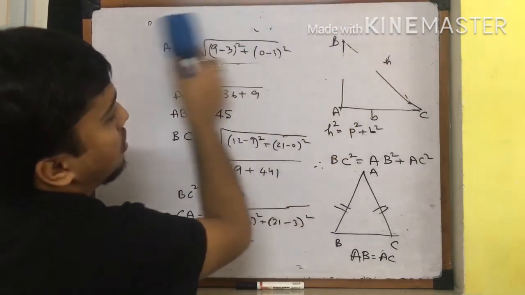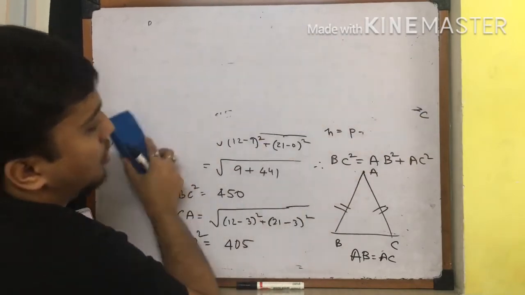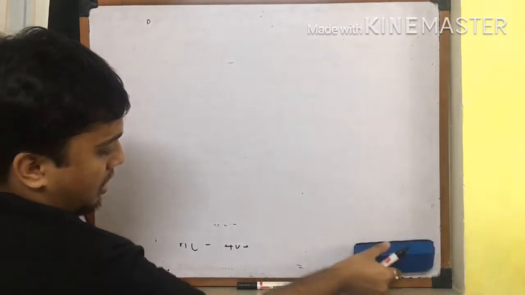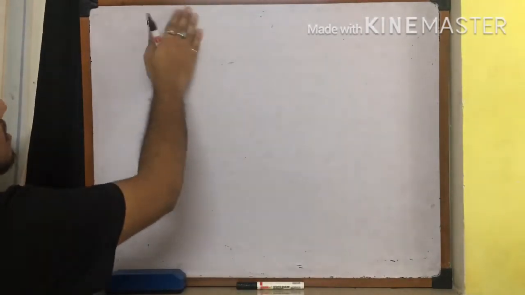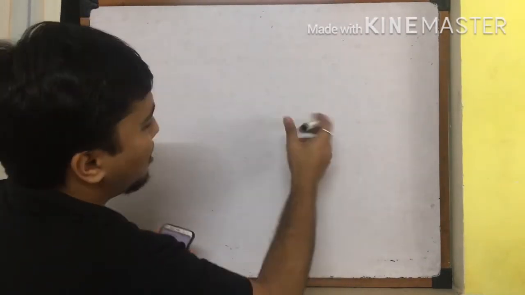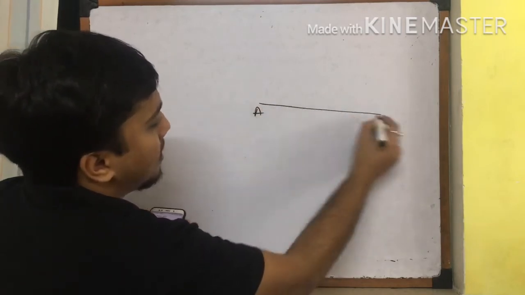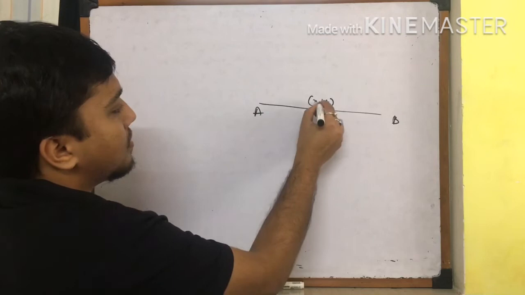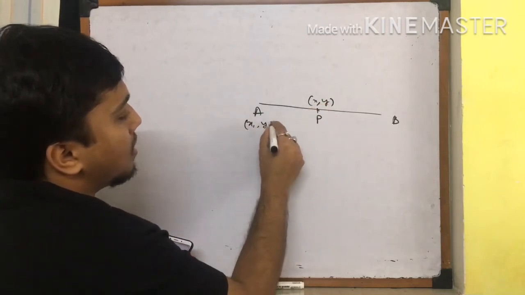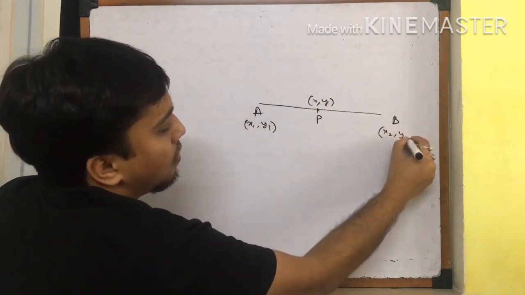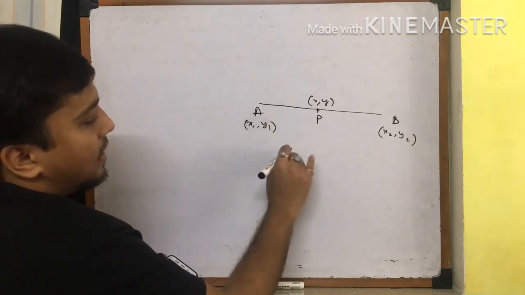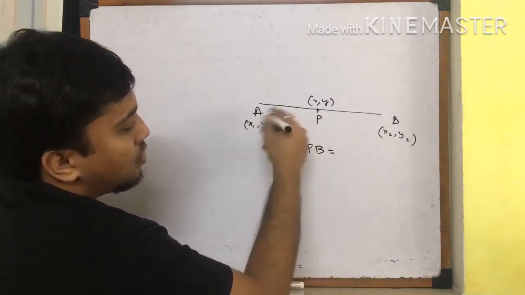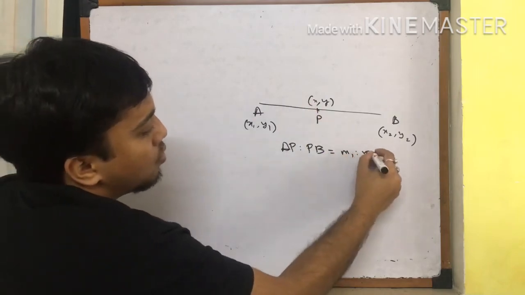Now I will head towards the section formula sums. What we know, again I am explaining. AB, this is P, x comma y is the coordinate of this one, and x1 comma y1 and x2 comma y2 are the coordinates again, and AP is to PB is the ratio given, m1 is to m2.